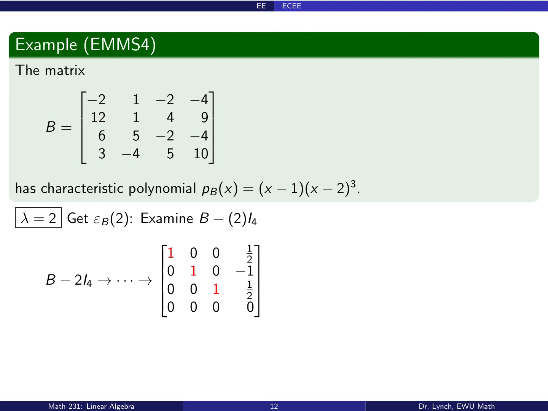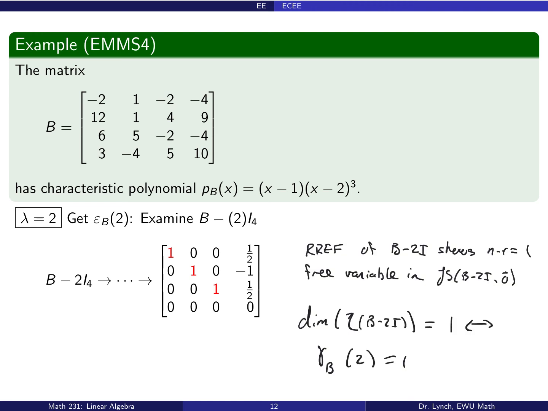Similarly, here we can see that the dimension of the null space of the matrix B minus 2I is also 1. The new wrinkle is that the geometric multiplicity of this eigenvalue 2 of the matrix B, the dimension of the corresponding null space, is 1 in this case.